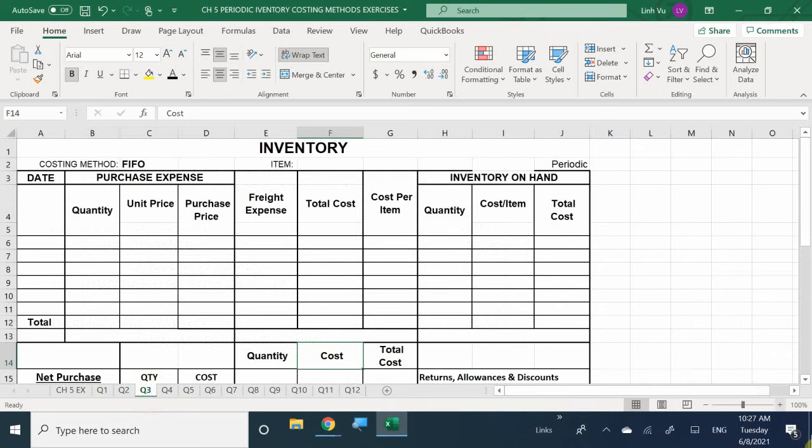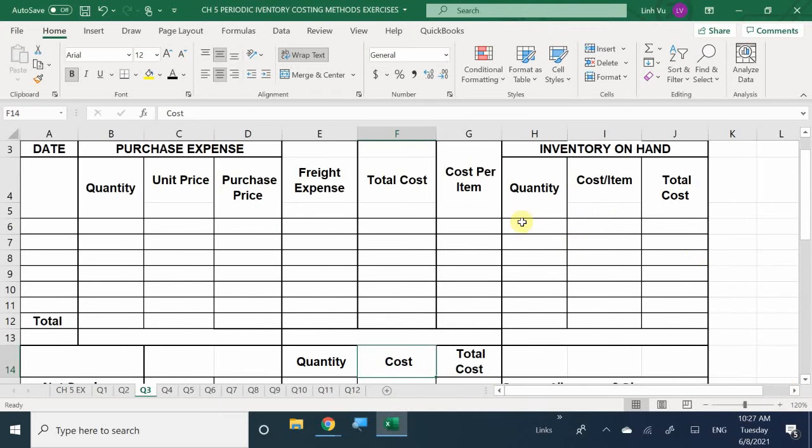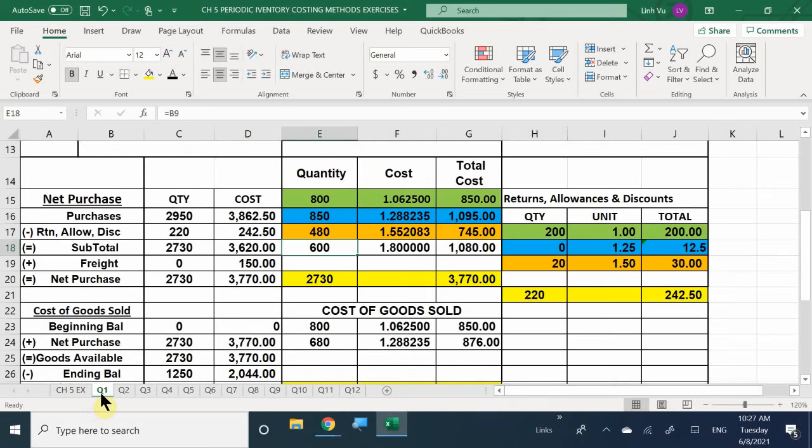So here we have it. I'm going to carry it over and fill out this section, because we have a blue batch. For our blue batch, we had 850 and sold 680.